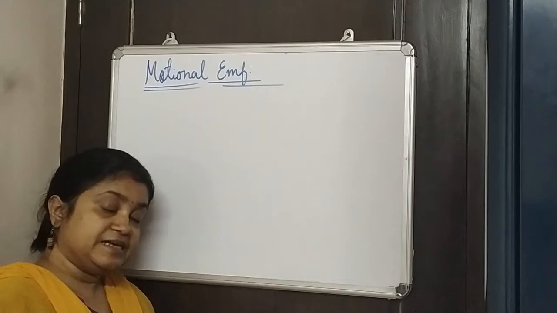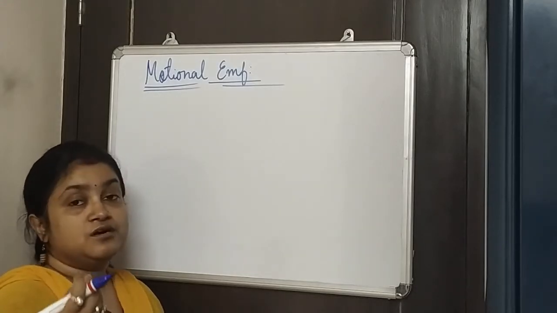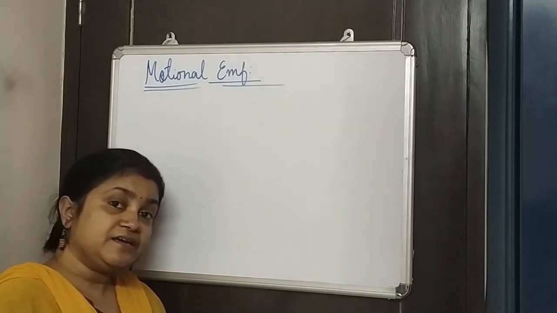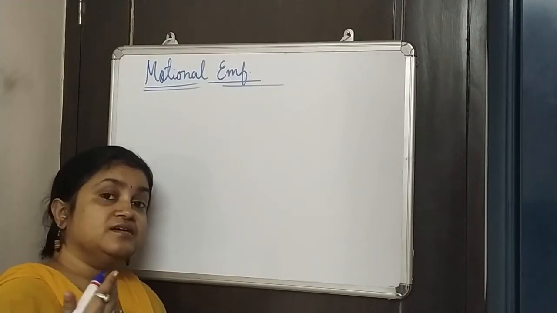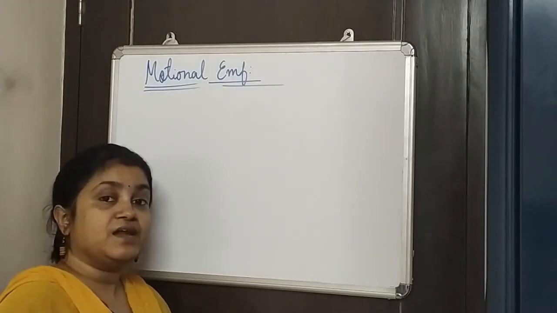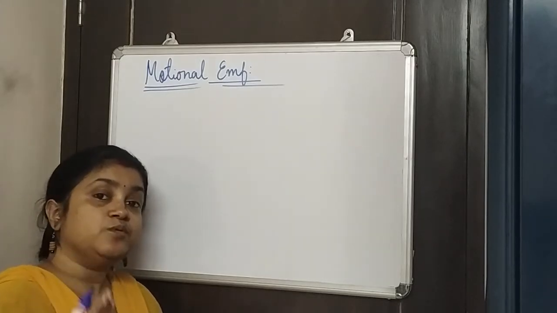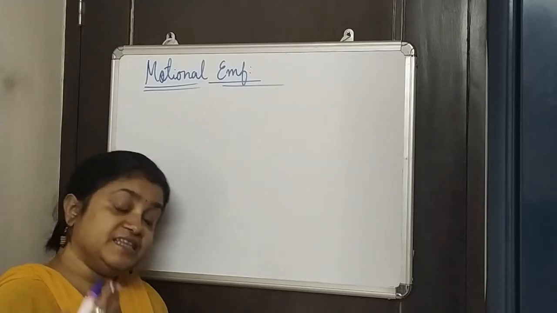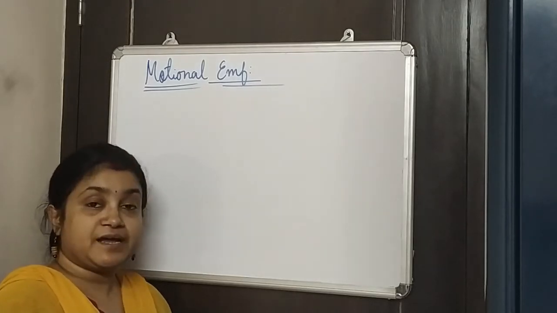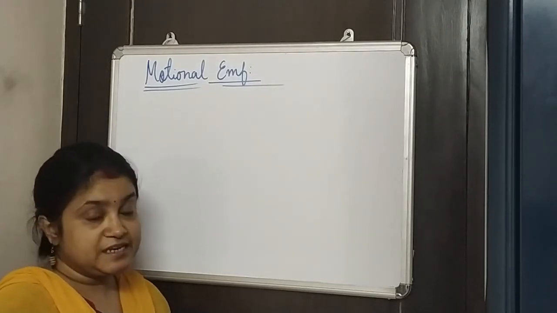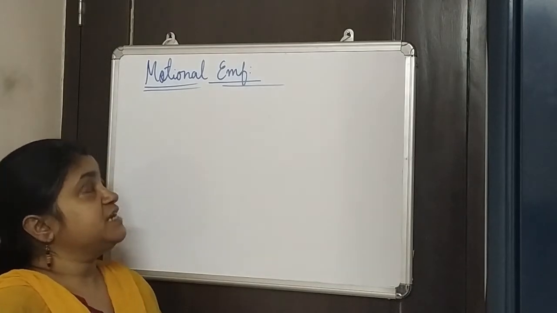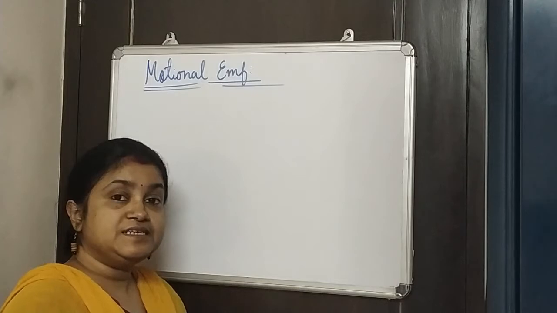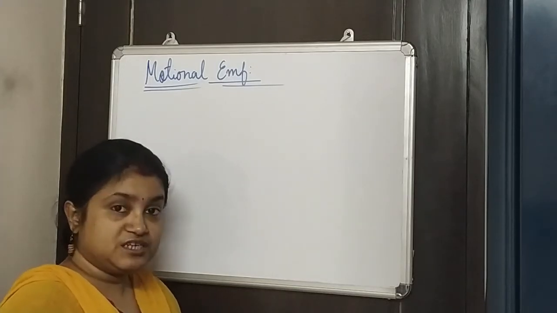In that case, either a rod or a plate, if it is in motion in a magnetic field, then the magnetic flux exposed to that rod will change, and that changing magnetic flux would generate an EMF, which we call motional EMF.